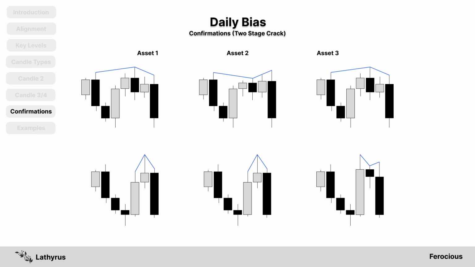So we have higher high into a lower high. Same for asset 3, while asset 2 is making a higher high. So this identifies that asset 1 and 3 are flipping strength and are becoming weaker, and these assets become the most favorable to short in this example. And of course, it's just the other way around for a bullish one.